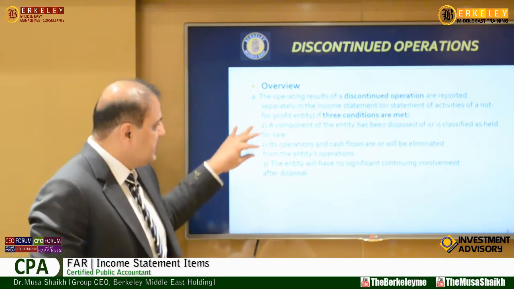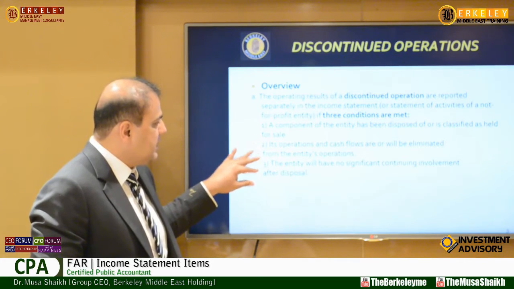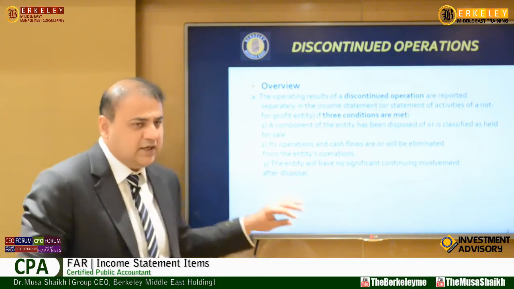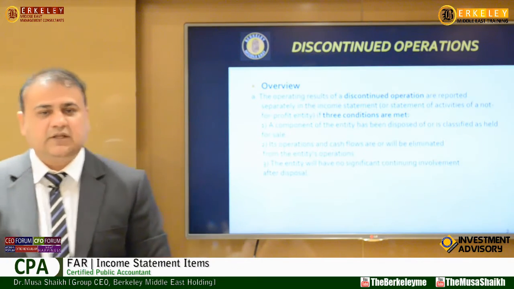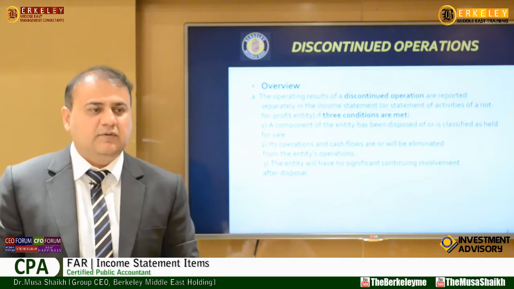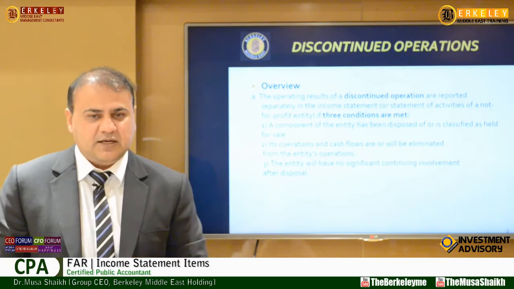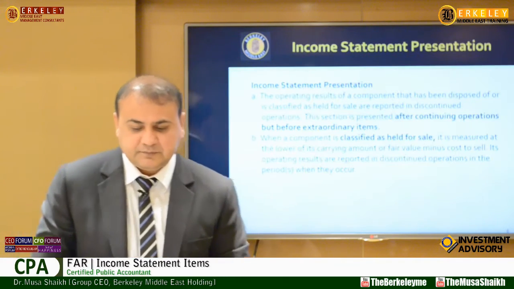Second, operational cash flow will be eliminated from the entity. Third, the entity will have no significant control or involvement after the disposal. If these 3 conditions are met, then we will consider this unit a discontinued operation.